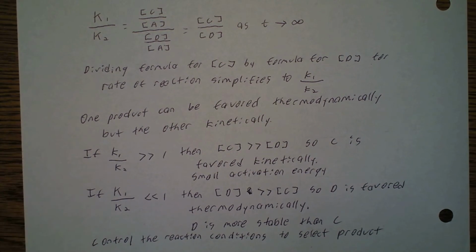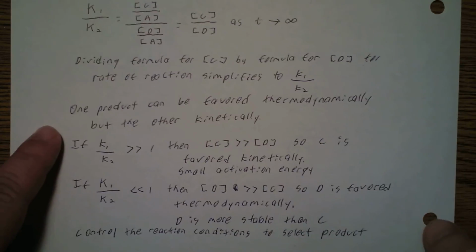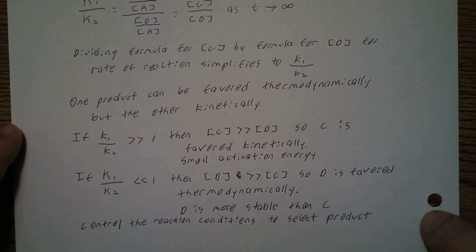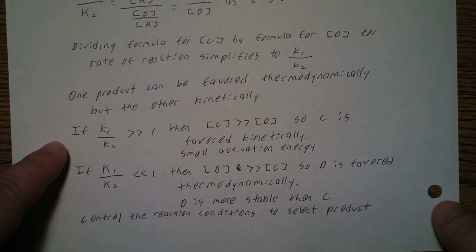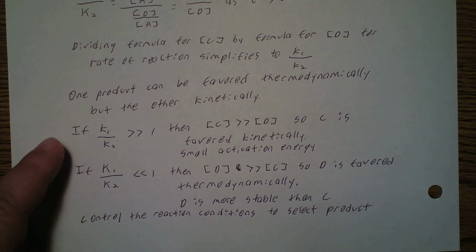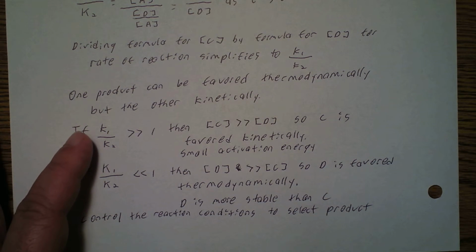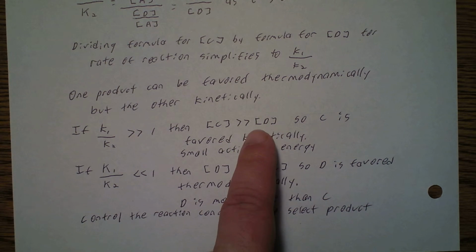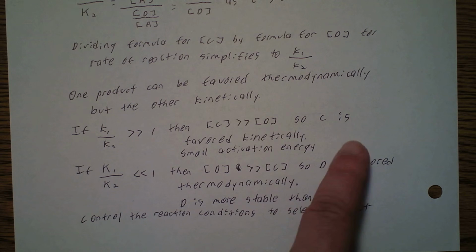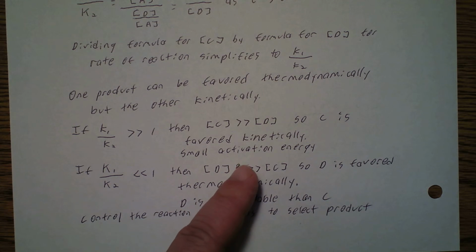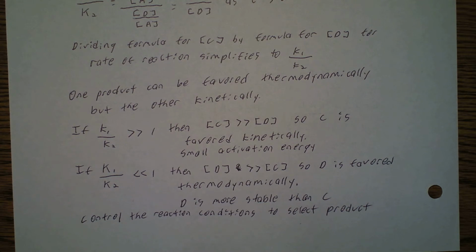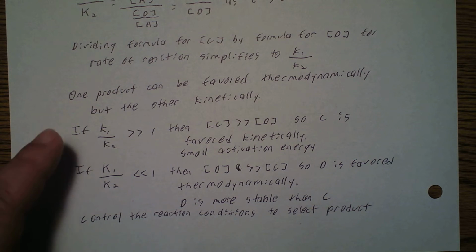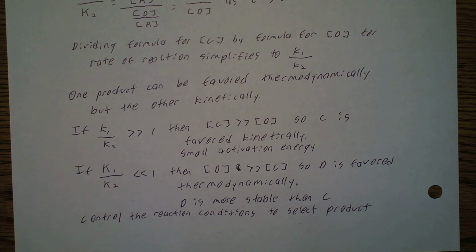Now, one thing that's important is that you can have one product favored thermodynamically, but a different one favored kinetically. If k1 over k2 is much greater than 1, then the concentration of C is much greater than the concentration of D. Then C is favored kinetically, because it'll have a small activation energy. So that's the rate constants.